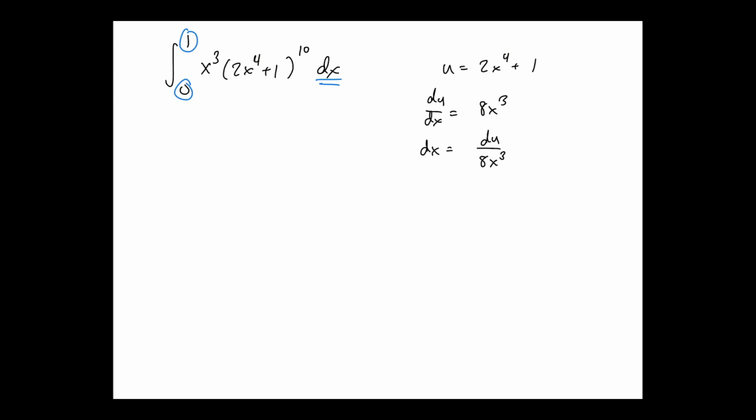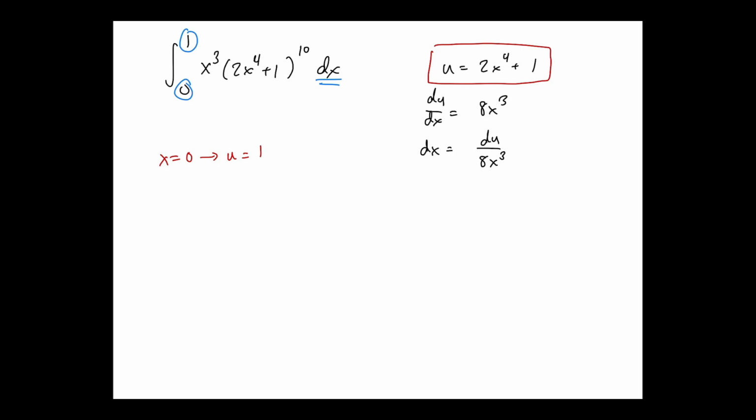The good news, though, is that we have a formula that converts between x's and u's, namely the substitution we picked. So if x equals 0, what do I get when I plug that into the u formula? I get 1 in this case. That's easy.